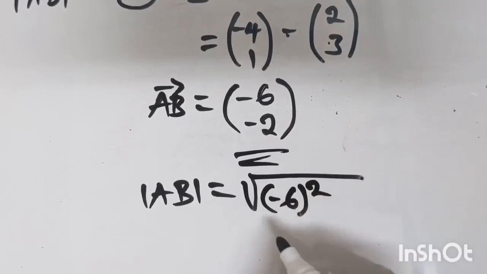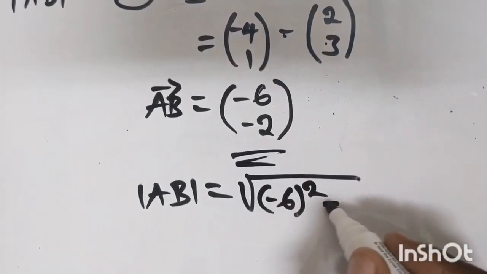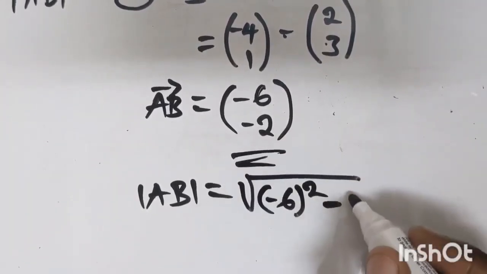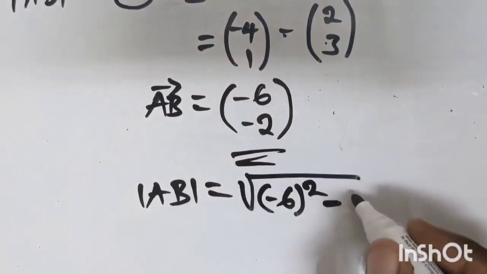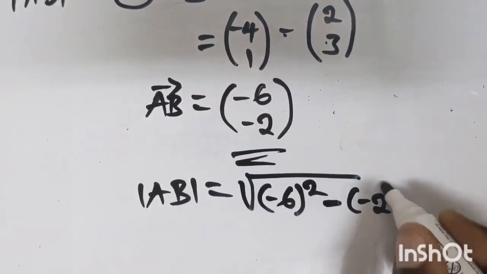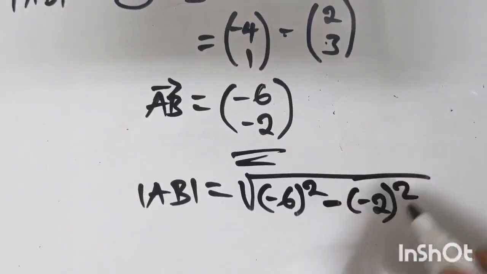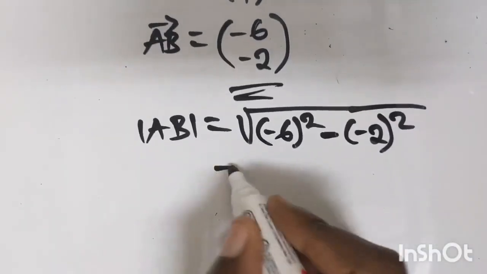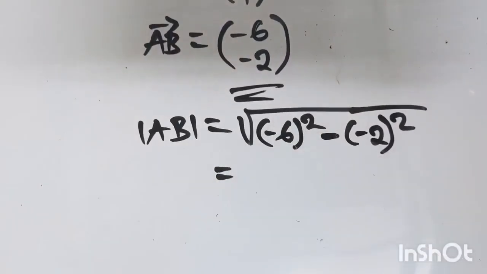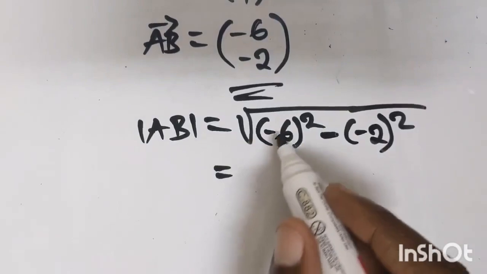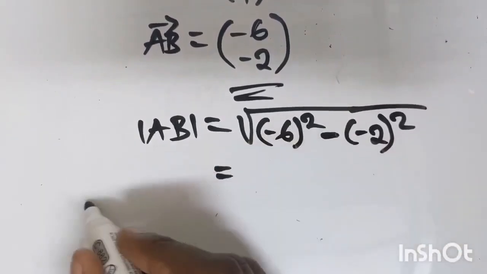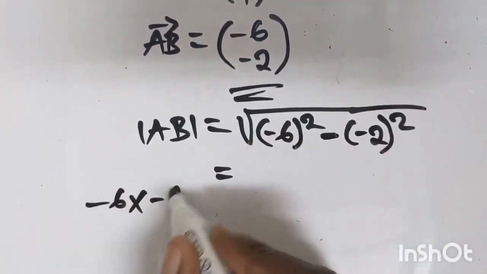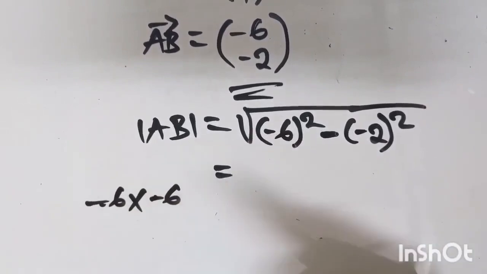Just square it there, then you get the -2 there, then you square it like that. So what is -6 squared? It's -6 times -6. Negative times negative is positive.